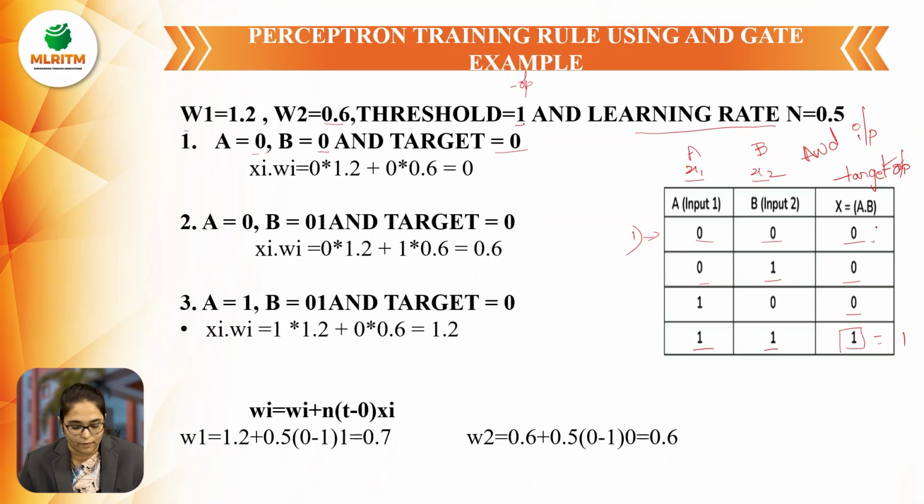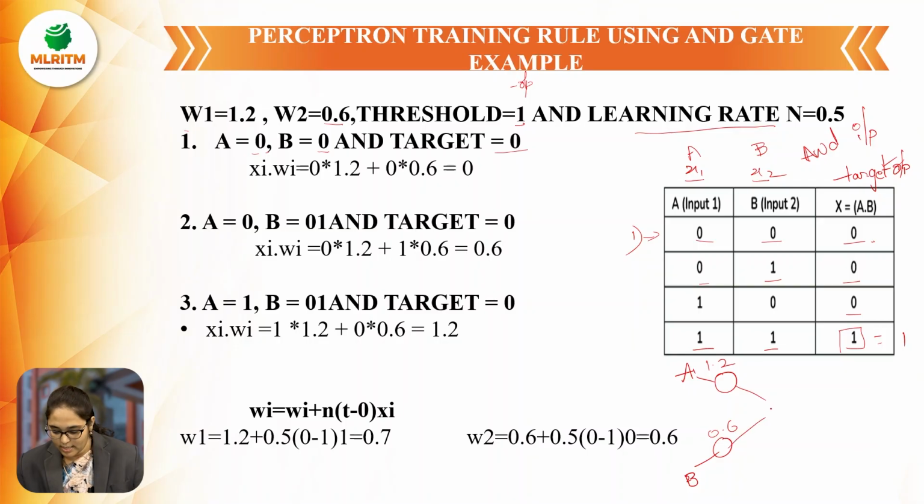So now we will perform the summation function for this. First we'll draw a simple diagram to make it easy. This is x1, node 1, and this is x2, node 2. So simply saying, we'll rewrite it as A and B. These are the inputs, and we are assigning random weights, let us consider 1.2 and 0.6.